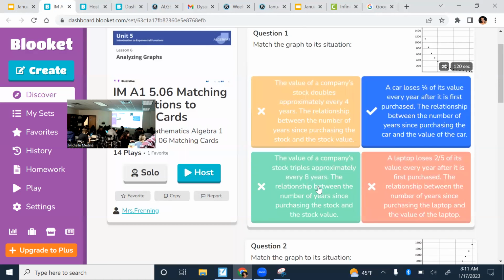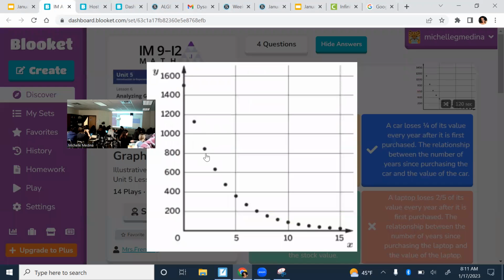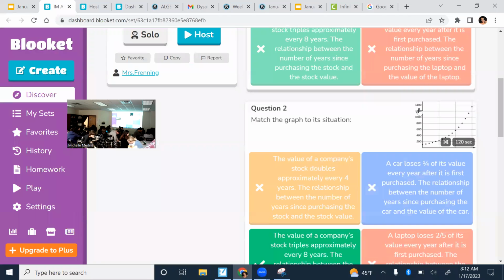Could be blue, definitely not green because it's not tripling. And then losing would also be decreasing. So really it's between these 2. To tell how much, take the y value, divide it by its previous y value approximately, and whether it's closer to 1/4 or 2/5, so 0.25 or 0.4, is how you can figure that out for sure. All right, so that's what you were supposed to be trying to connect.